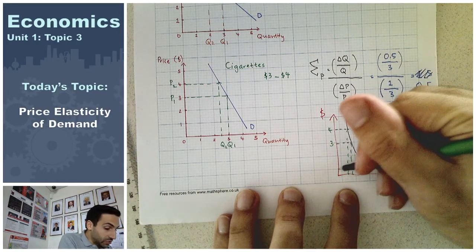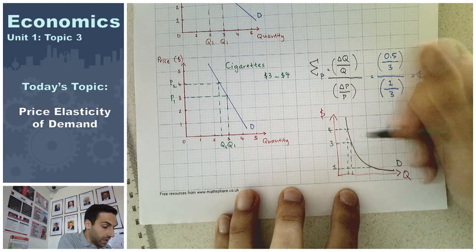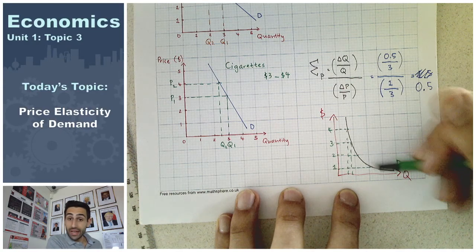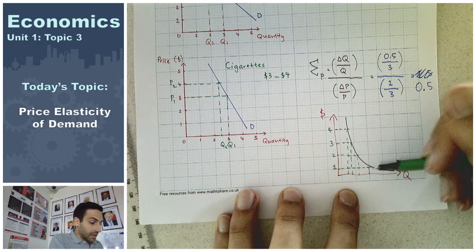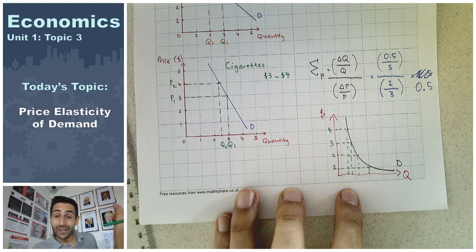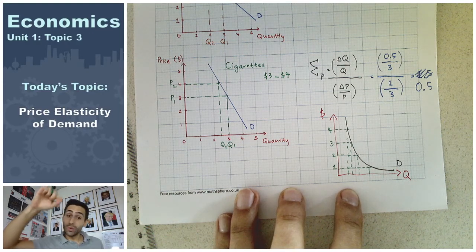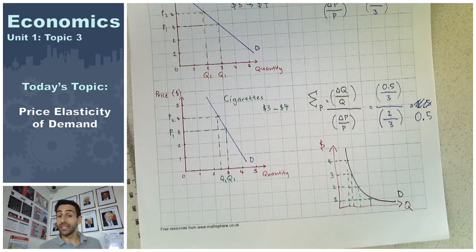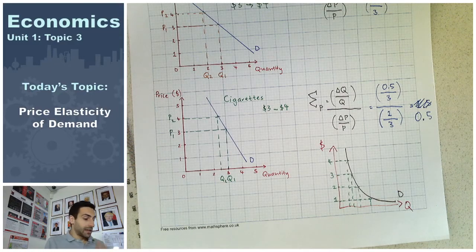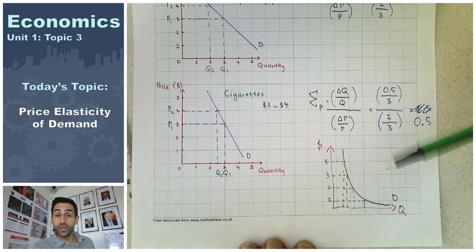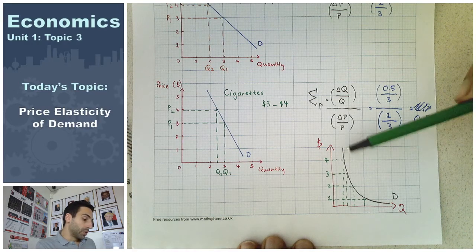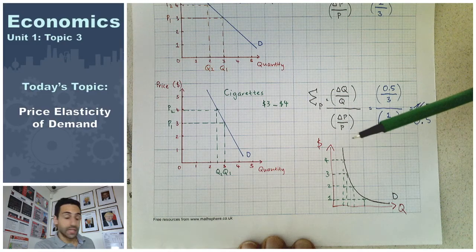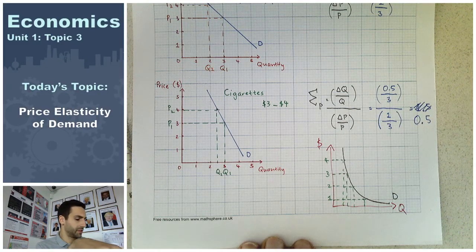But if we take these two prices, let's say $1 and $2, this segment here might be elastic. So what prices we're looking at will determine whether it's elastic, inelastic or unit elastic. Although in unit one of economics, we will not be looking at these curved demand curves, at least not now. That's something to keep for the future.